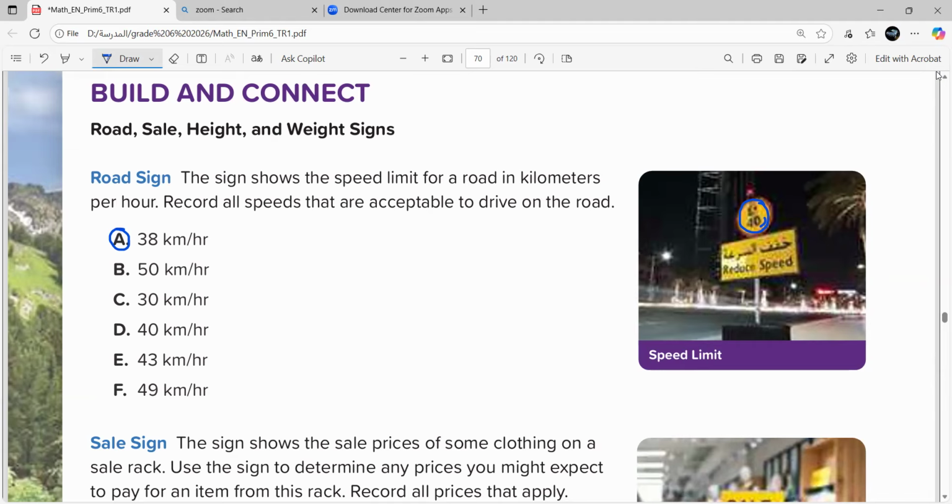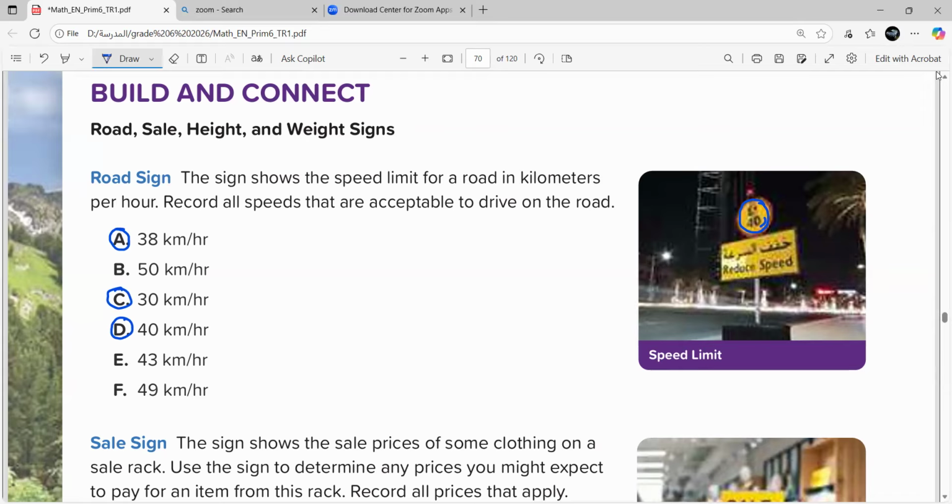30 kilometers per hour, acceptable or not? Yes, because the maximum speed is 40. What about 40 itself? Is it acceptable? Yes, 40 is acceptable also. 43 kilometers per hour. No, it's not acceptable.